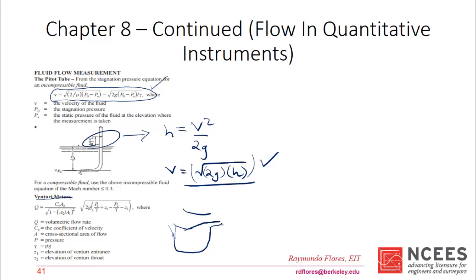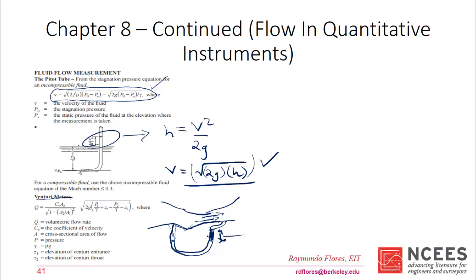I don't know, your static tube is here, and then it flows very evenly here, something like that. This is poorly drawn, but you then get a reading in between, and this is basically it.